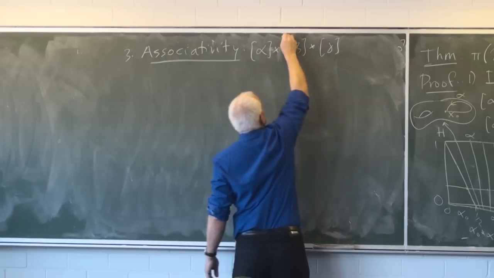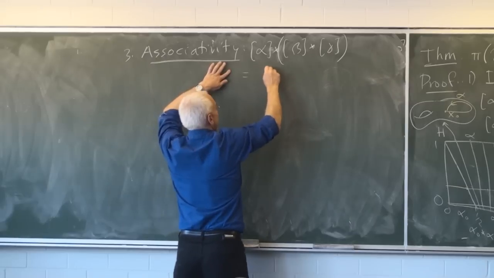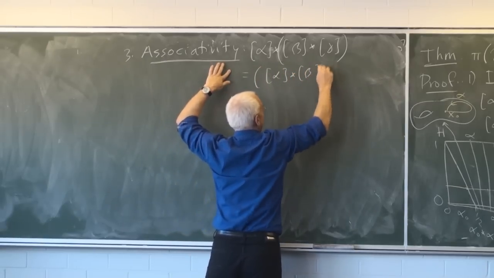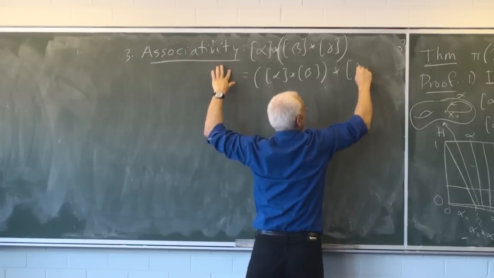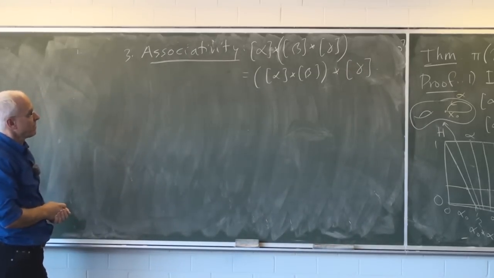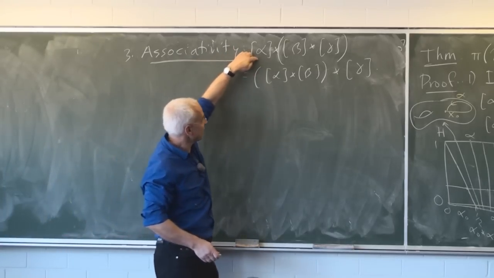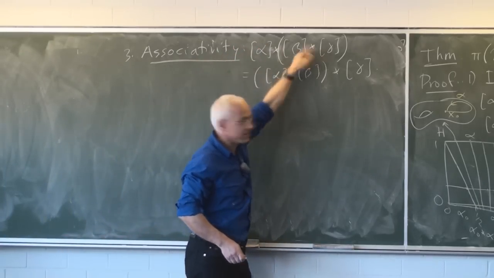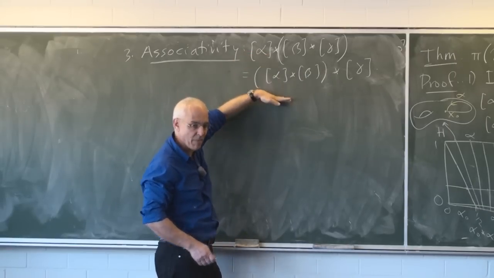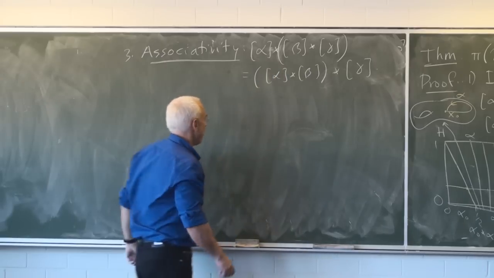If you have three things, then you make that combination first, and that's the same thing as alpha times beta times gamma. Now again, this is at the level of classes, so it's not that this path is exactly the same as this path. We're only claiming that this path is homotopic to this path. Okay, that's what we have to establish.